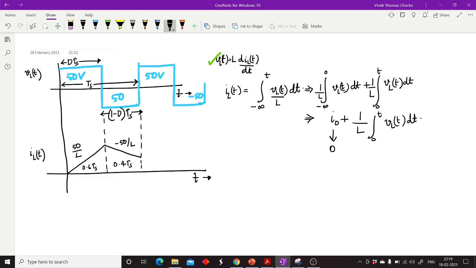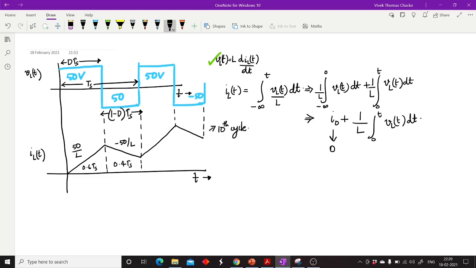Correspondingly, the inductor current will again rise up to the dTs of the second cycle, and during 1 minus dTs of the second cycle, the inductor current will fall. So this process will continue till the 10th cycle.